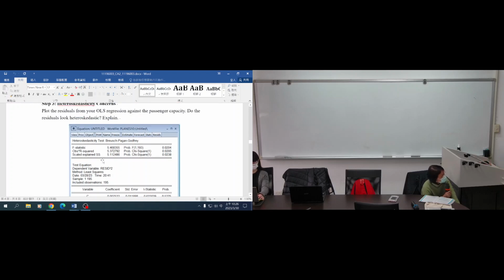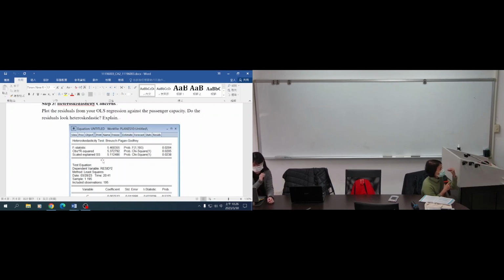So you should plot, it should be a picture, a graph. After you run the regression, we will have a variable called residual. The residual always stores the updated regression model's residual. Then you can generate a variable from that.